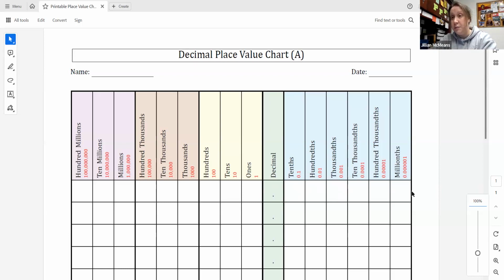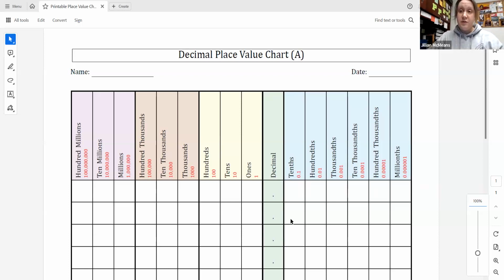We could go 10 millionths, 100 millionths, billionths. But basically the decimal separates the whole number part from the fractional decimal part. Starting before the decimal, the smallest digit is closest to the decimal, and then you move left and get bigger. After the decimal, the biggest place value is closest to the decimal, and then you move to the right and you get smaller and smaller.